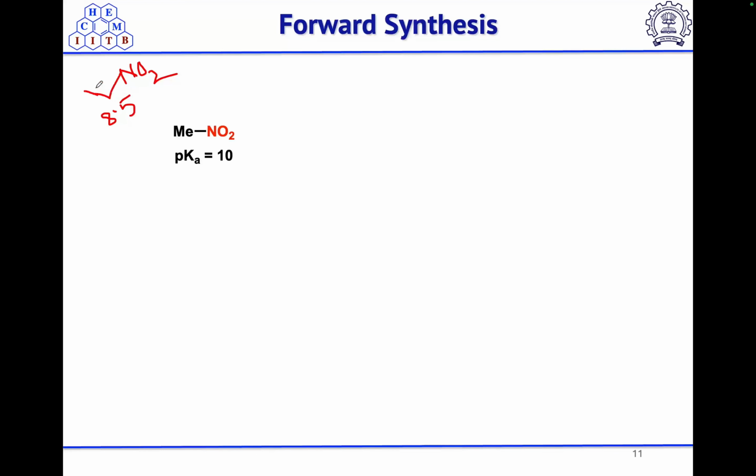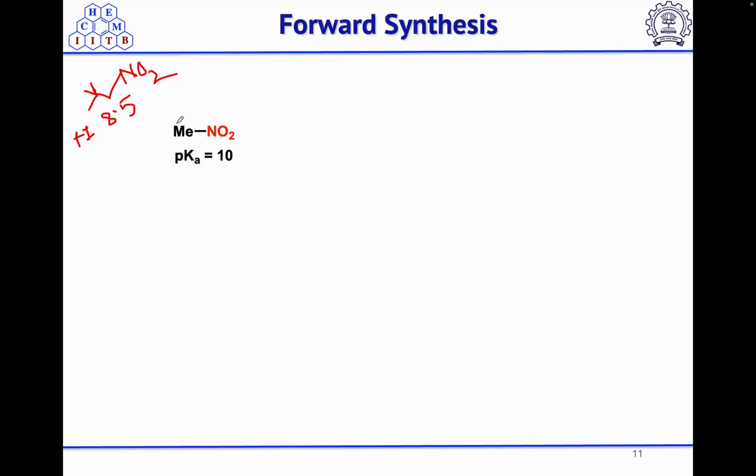That is quite obvious, because this extra alkyl group, methyl, has a plus I effect, and due to this plus I effect, the acidity of the proton at this carbon gets decreased. Okay, so nitroethane pK value is 8.5, and nitromethane pK value is 10.